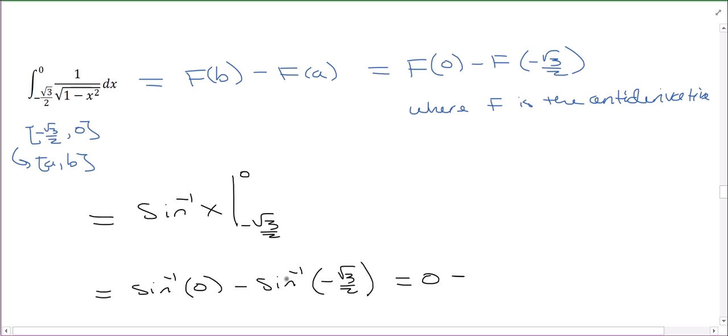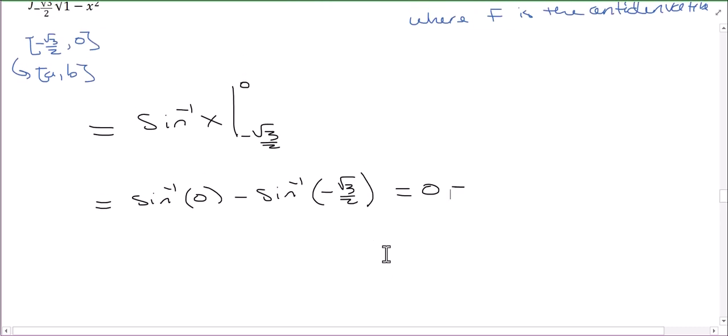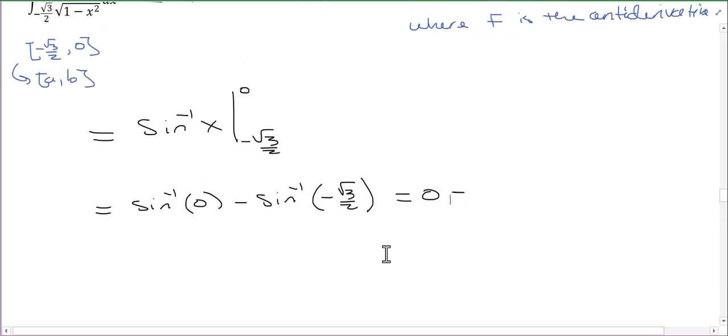And what about inverse sine of negative root 3 over 2? So here you have to remember your values for the trig functions, and also keep in mind that sine inverse has a very specific domain.